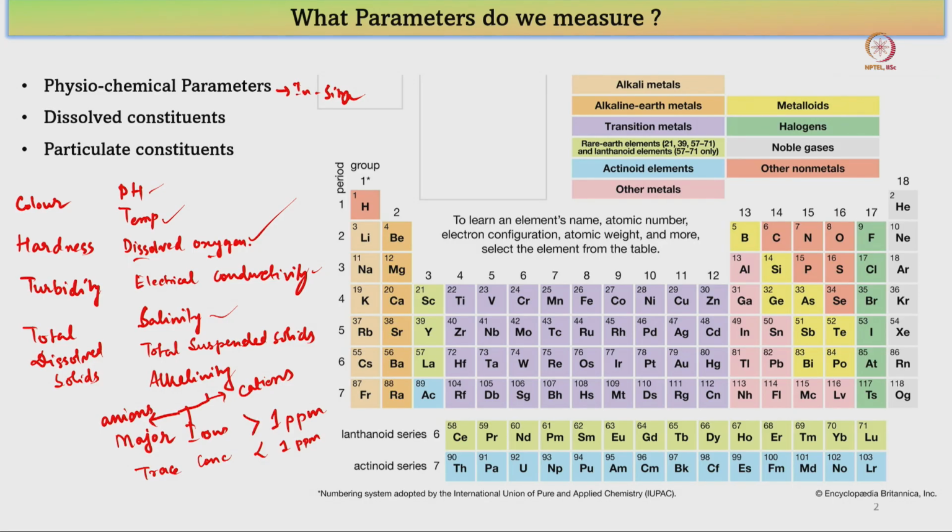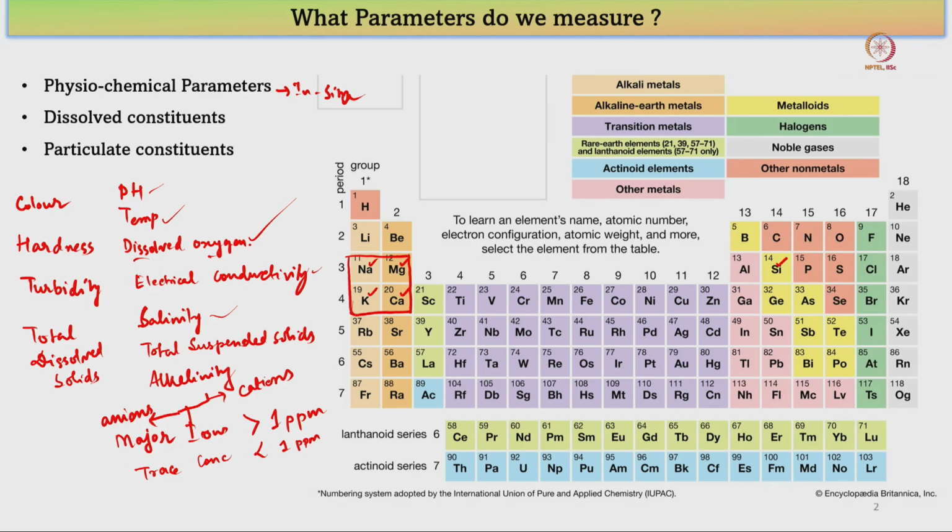Here, sodium, potassium, magnesium and calcium, these are our 4 elements which fall under the major cations, and from here silica. These 5 elements are commonly called the major cations.